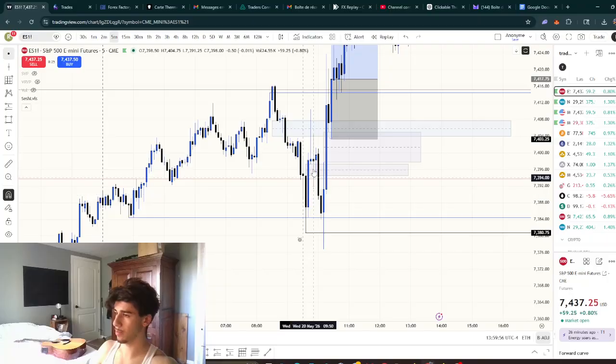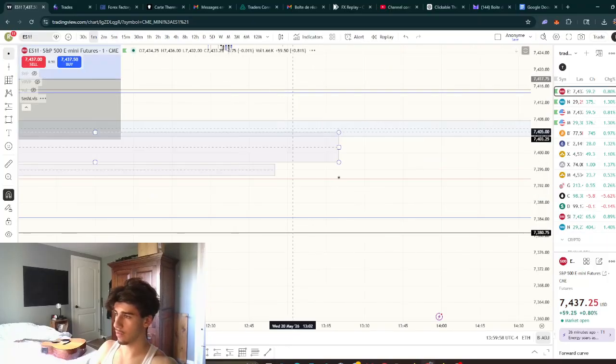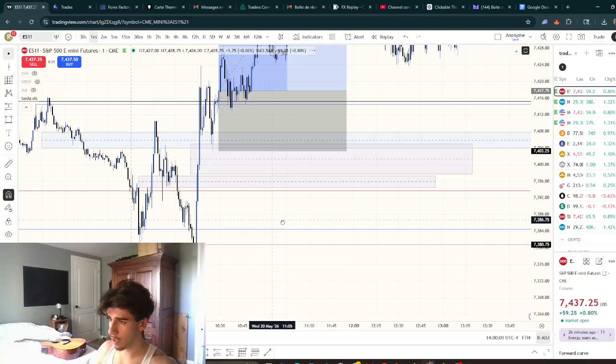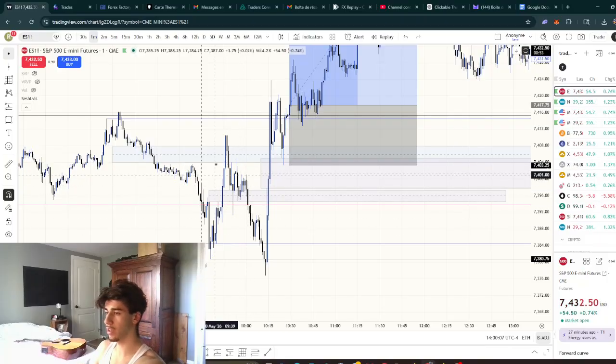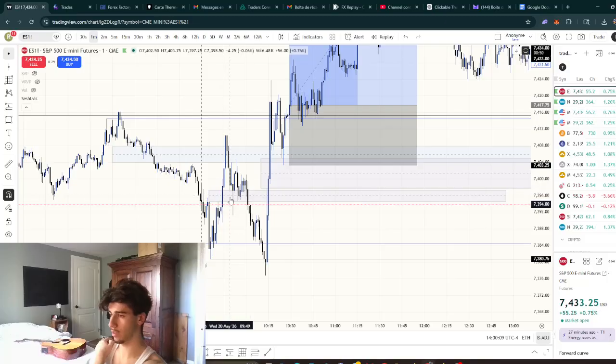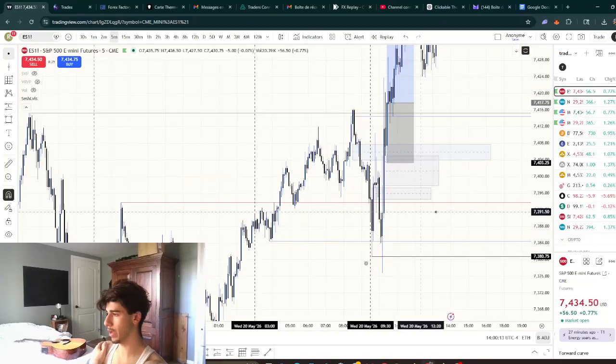What happened? We respected it twice, but never obtained any clear 1-minute confluence to the upside to take a bullish trade off of this respect of the gap. So I really wanted to wait.